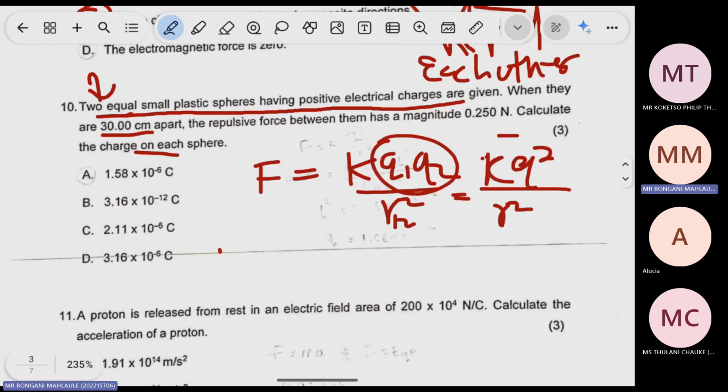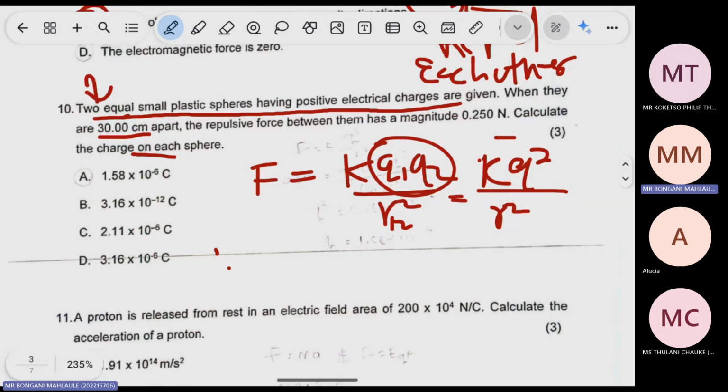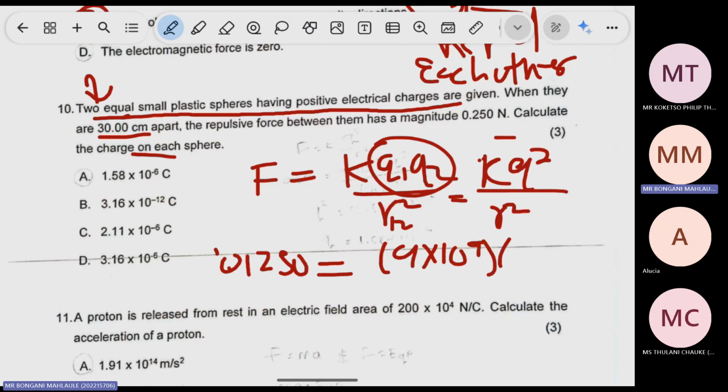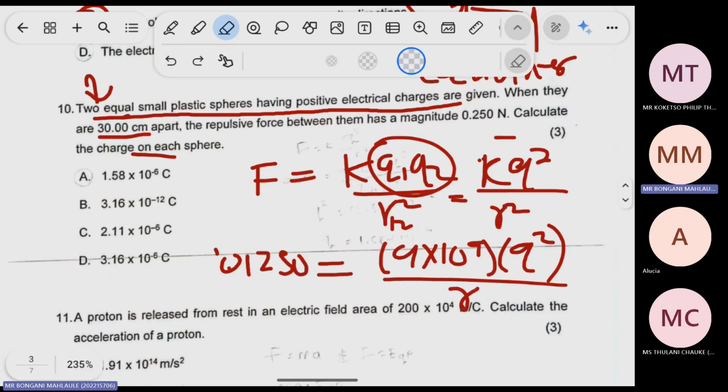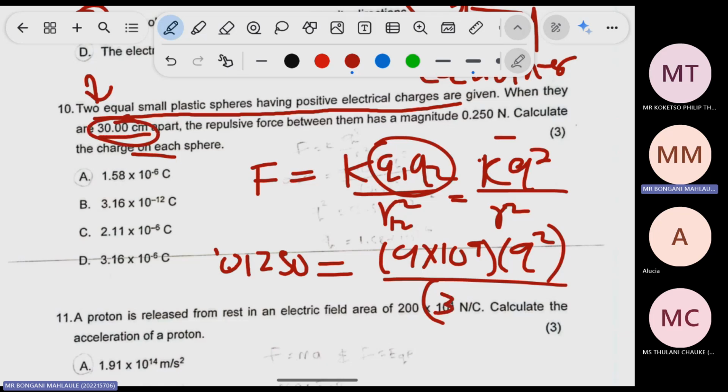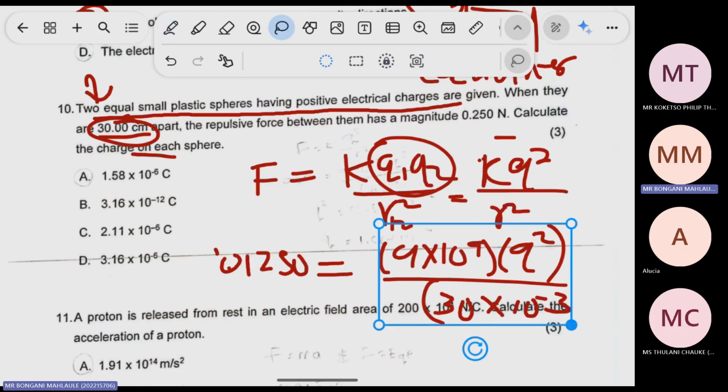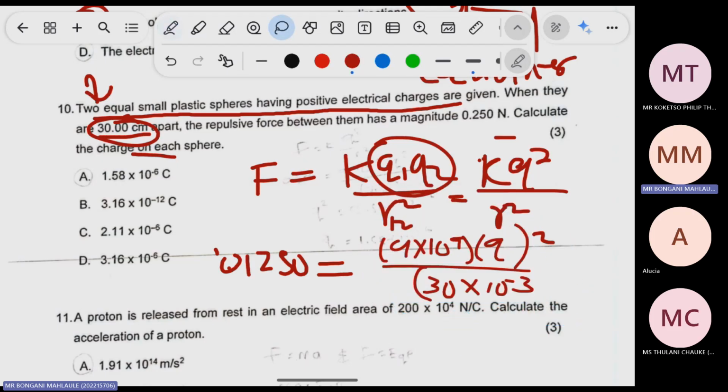Your force, you already know the value: 0.250, k is 9 times 10 to the 9. Then you make Q the subject of the formula, and you get your answer. The distance is 30 centimeters, so it will be 30 times 10 to the power negative 3. Then you get the value of Q.